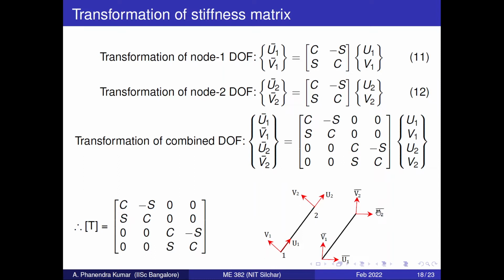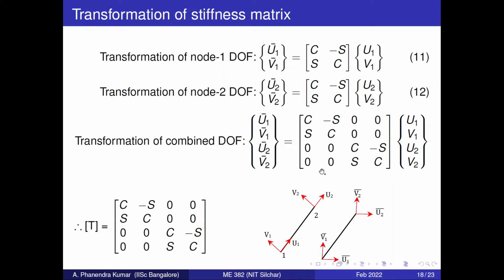So u2 bar will be the displacement in the x direction for node 2. For node 1, u1 bar, v1 bar. For node 2, v2 bar in the y direction.